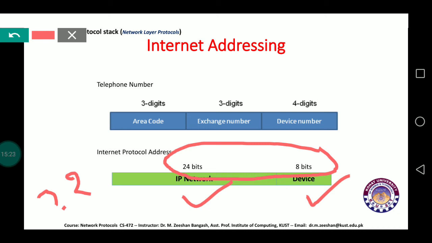How many bits represent the network part and how many represent the host part depends on the scenario, on how your network topology will look.